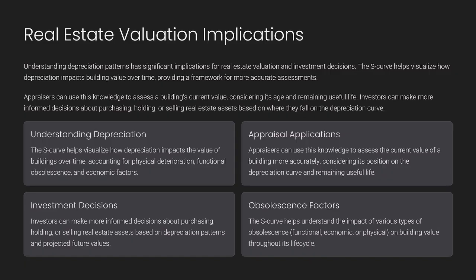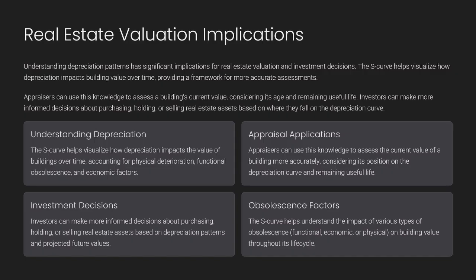The S curve helps to understand the impact of various types of obsolescence, functional, economic, and physical, on the building value throughout its life cycle. So, all persons concerned with real estate, whether they are investors or appraisers, can use this S curve to get knowledge about their work based upon the data from the S curve.